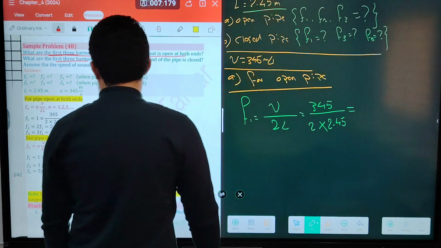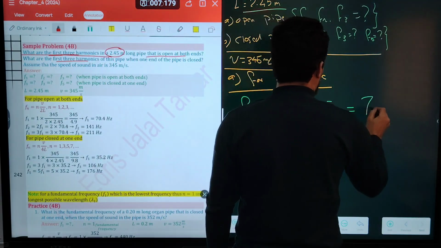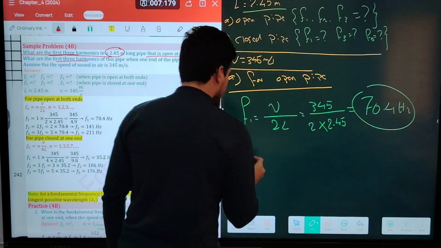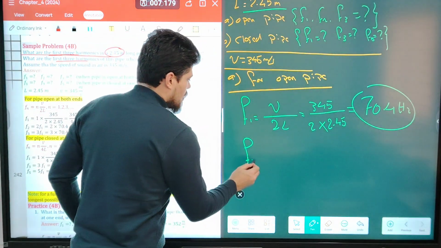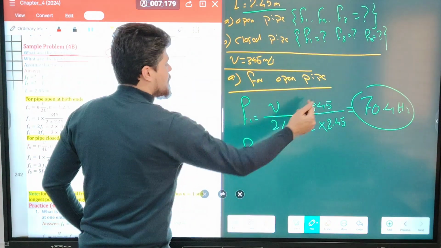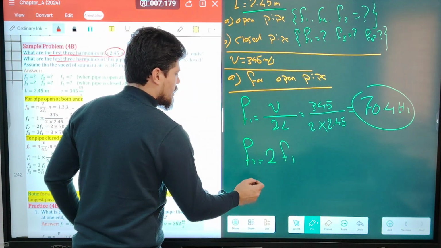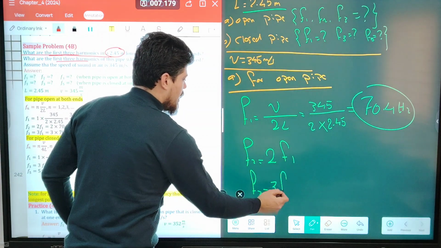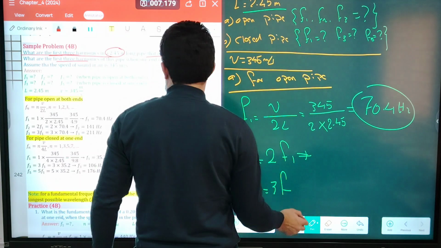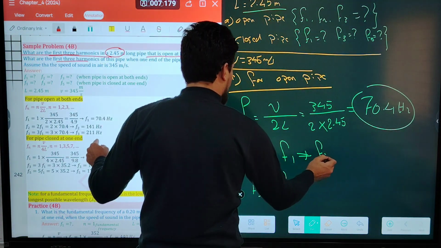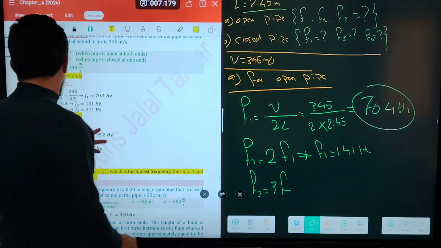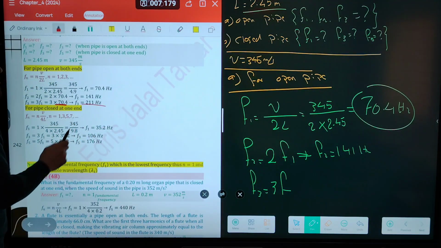By calculator, you will get 70.4 hertz. This is F1. What about F2? Don't write 2V over 2L, because we have F1, 2F1, F3 is 3F1, F4 is 4F1. 2 times 70 is going to be 141 hertz. F3, 3 times F1, is 211.